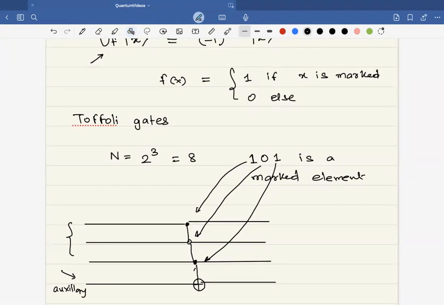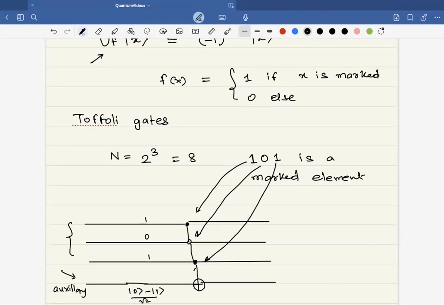Right? So what happens when the input 101 is given: this wire, which is the auxiliary wire, has 0 minus 1 over square root of 2.